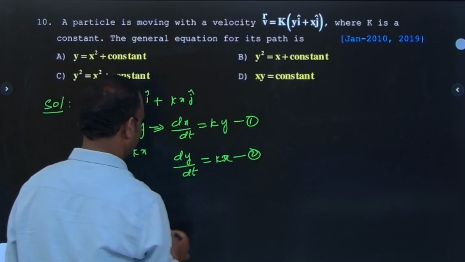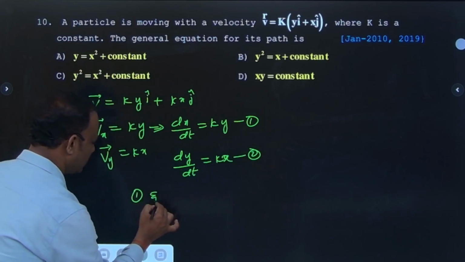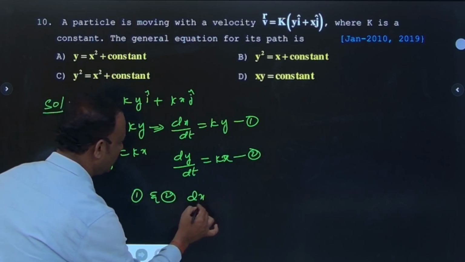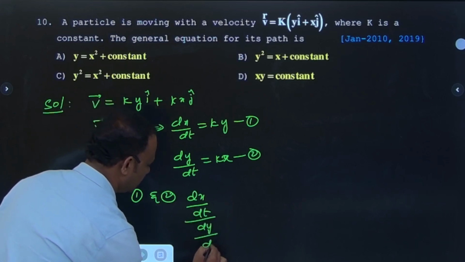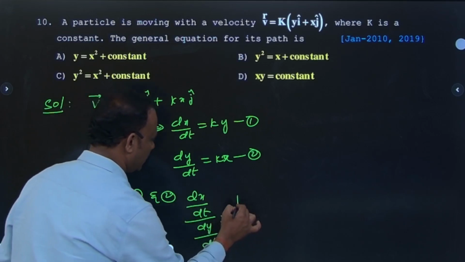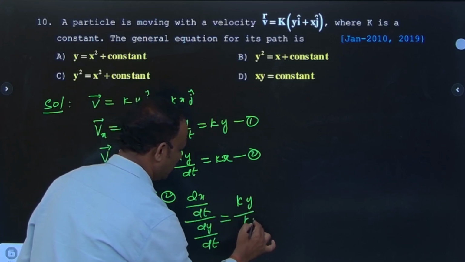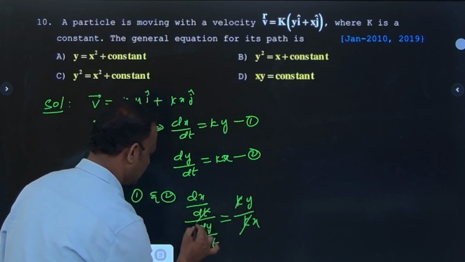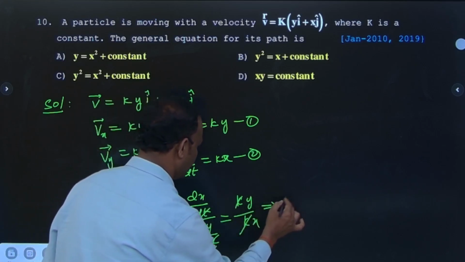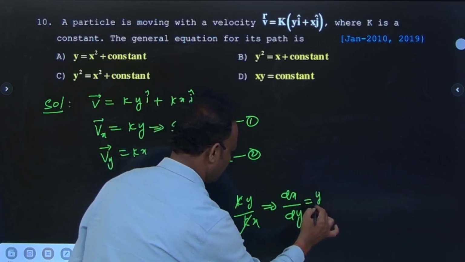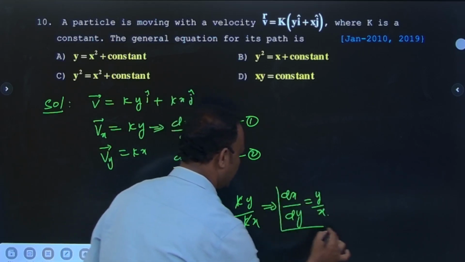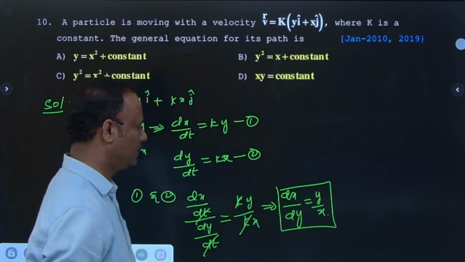From equations 1 and 2, dx by dt divided by dy by dt is equal to ky by kx. K and k cancel, dt and dt cancel. What is the condition? dx by dy is equal to y by x.